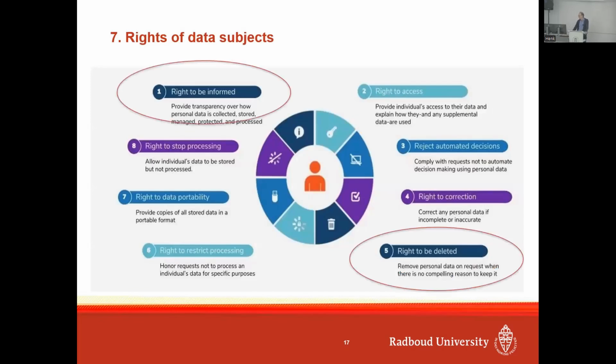So relevant things when it comes to the rights of data subjects for research are the right to be informed, and you do this typically by the informed consent document, and the right to be deleted. Now, you can imagine that if you have done your research, you've collected the data, you're perhaps about to share the data, and then two people come and say, sorry, I want to withdraw my data.